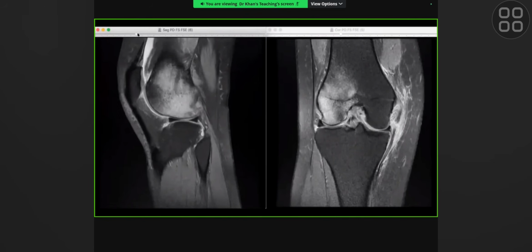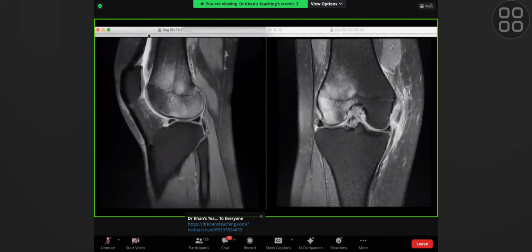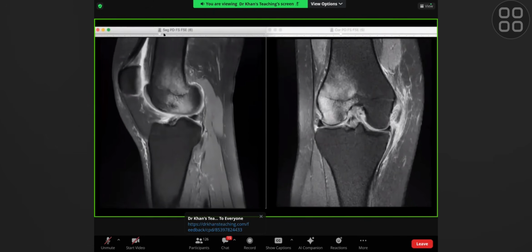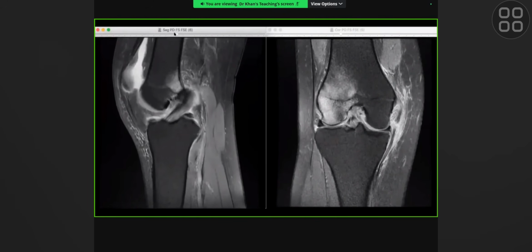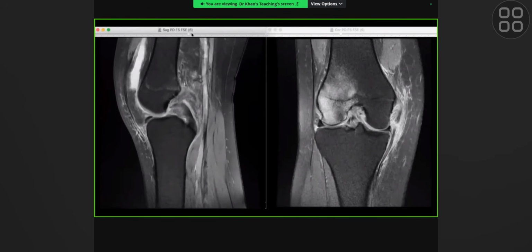The lateral meniscus is intact with normal morphology. And the ACL fibers appear intact.